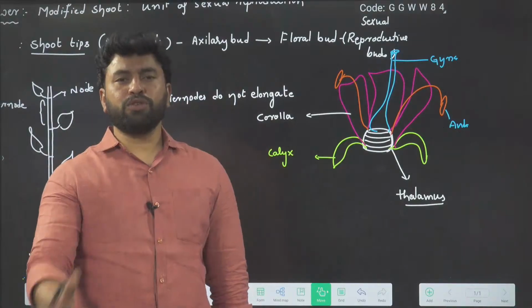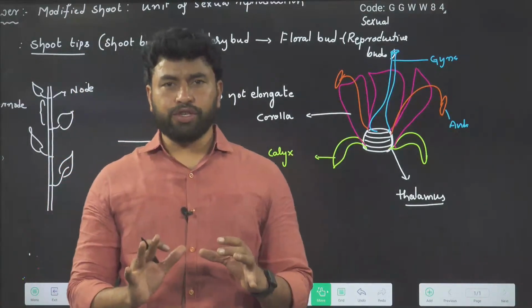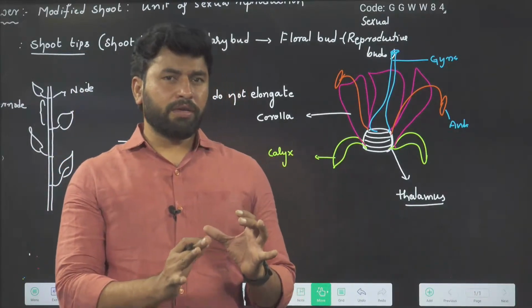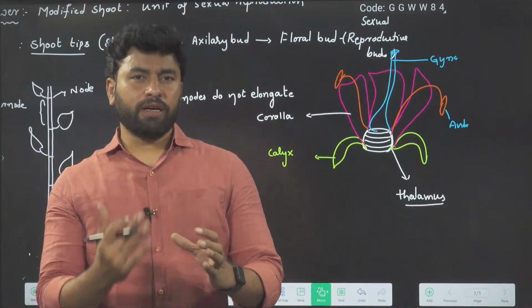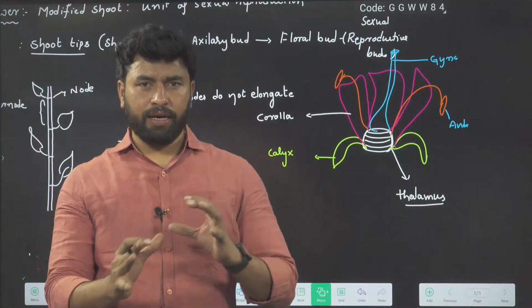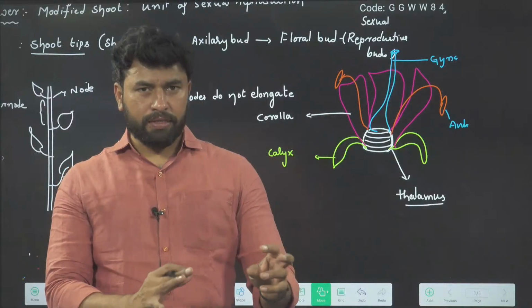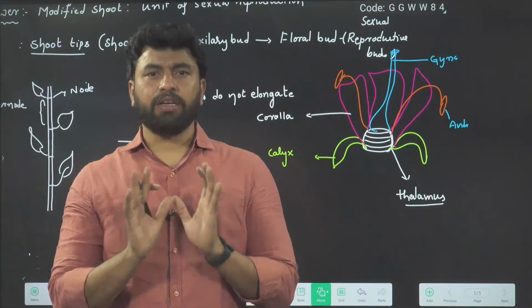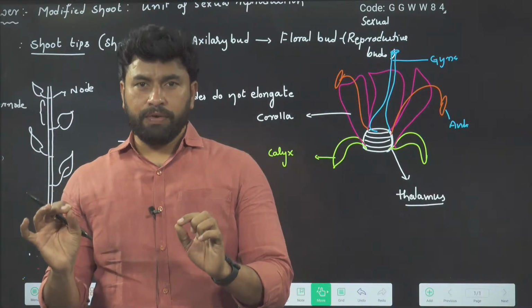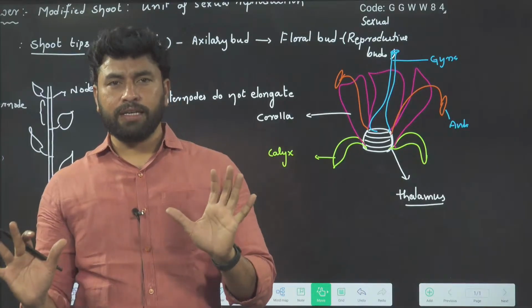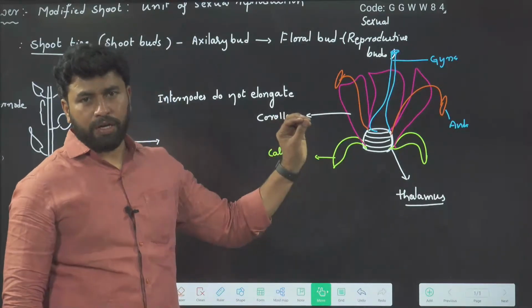The innermost node is going to produce gynoecium. We will discuss their role when we talk about flower. We will have the flower concept after the completion of inflorescence. Right now, I am talking about what is inflorescence. Let us stick with that concept after understanding what is a flower.